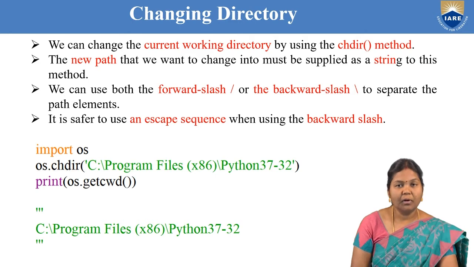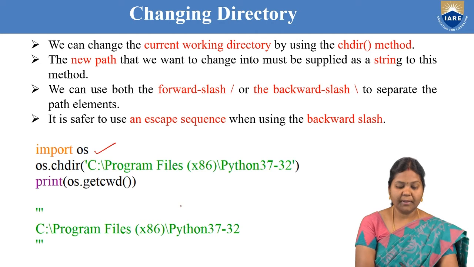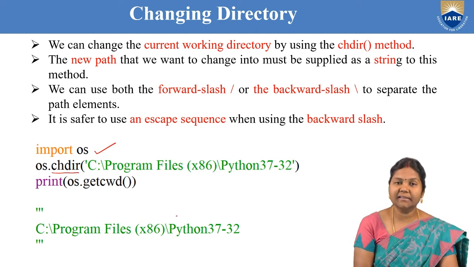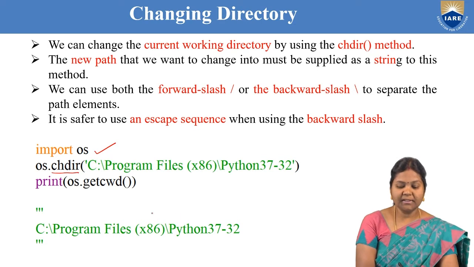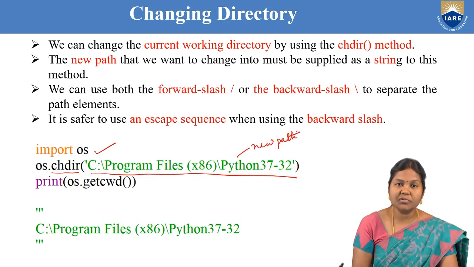Let us see it. For writing the chdir method, we have to import the OS module as it is inside the OS module. So, first import the OS module, followed by os.chdir. chdir is the change directory method. To this method, you provide the new path, which you are providing in the form of a string.